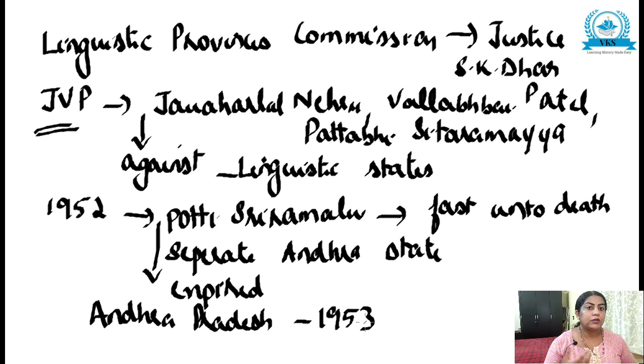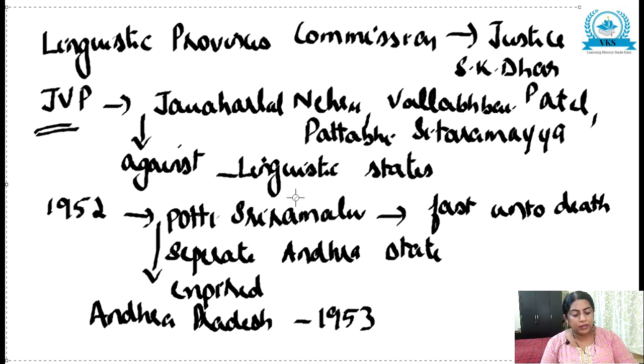But after fasting for 58 days, he expired. But based on his demand, a separate Andhra state was considered. In 1953, it came into existence. So that was a very major turning point in this linguistic states reorganization.